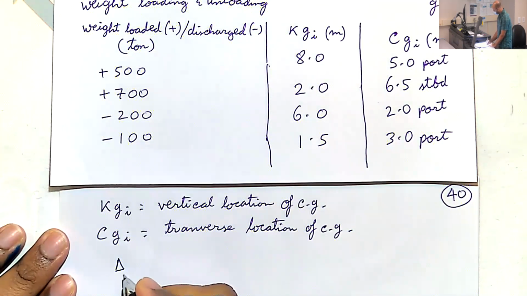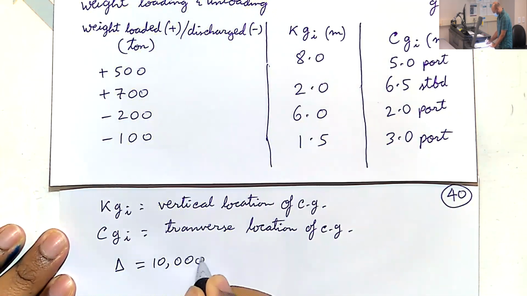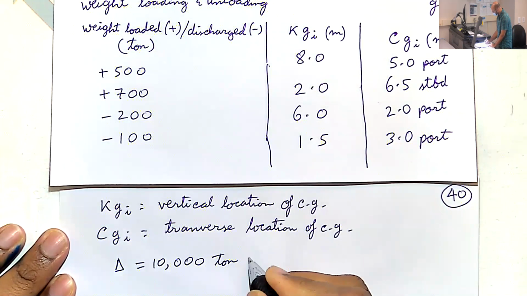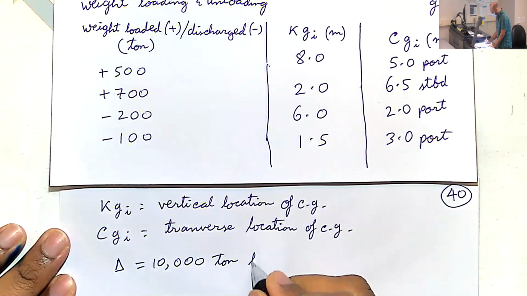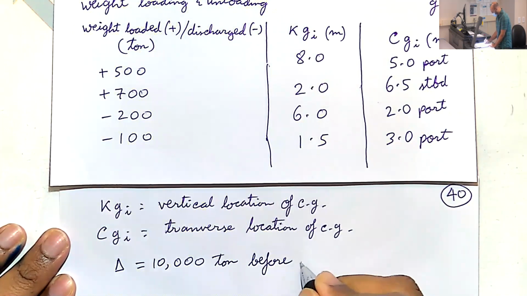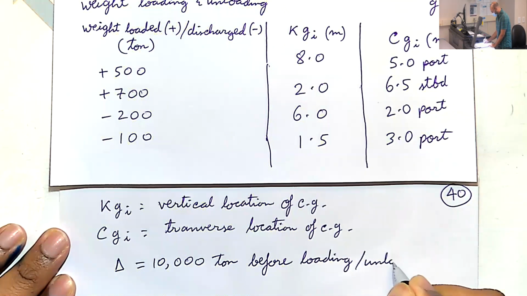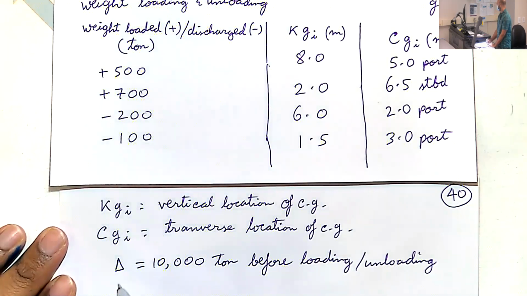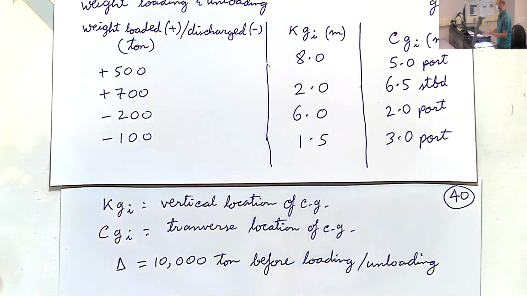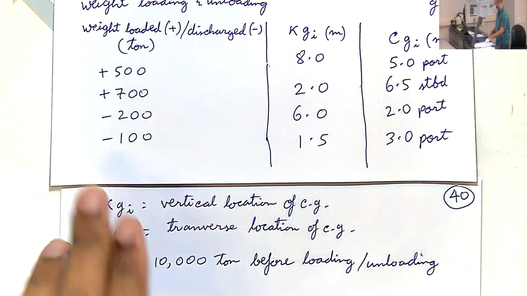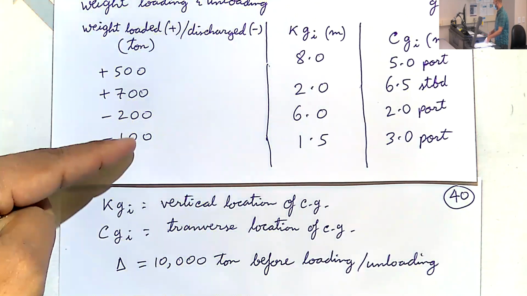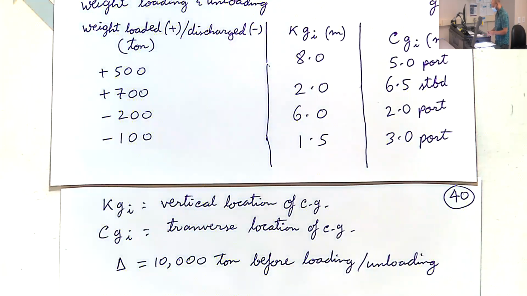Delta is 10,000 ton before loading and unloading. So that was the combined displacement with the hull plus initially placed cargo, before we started putting on extra stuff or removing containers.